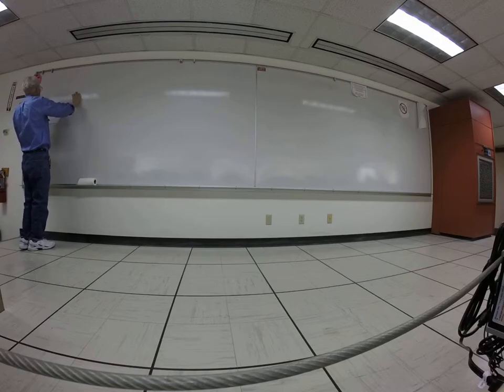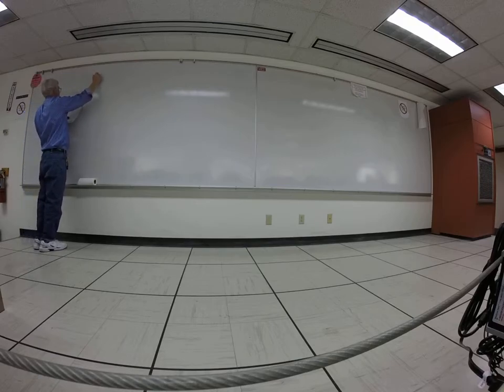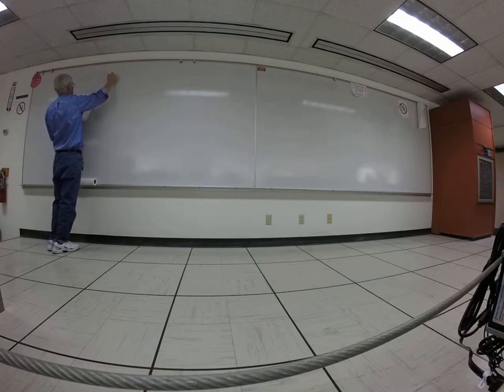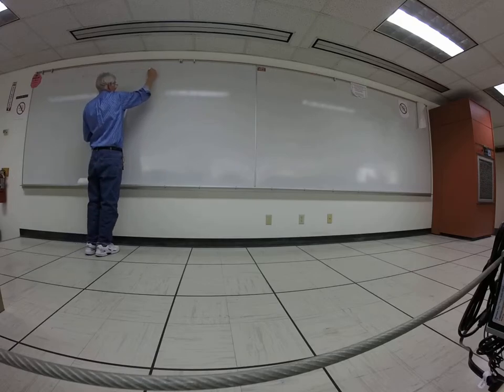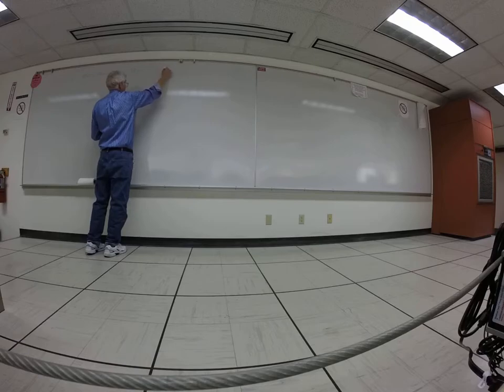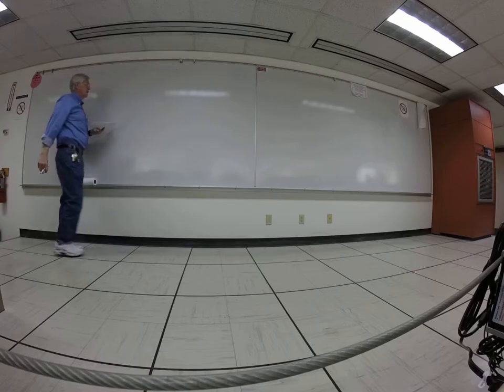So problem 2 is you have a filter. y of n is described by x of n minus x of n minus 1 minus 0.9 y of n minus 1 plus 0.081, I'm guessing, y of n minus 2.